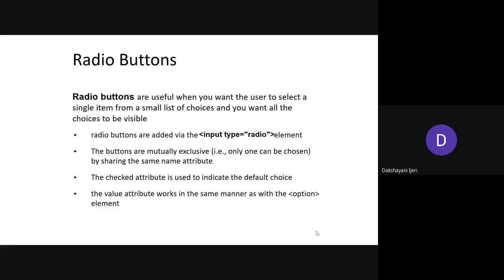Once you select the item and go to do the payment, you will be asked to select what kind of payment you want to make, whether through debit card, credit card, pay on delivery, or a UPI ID.